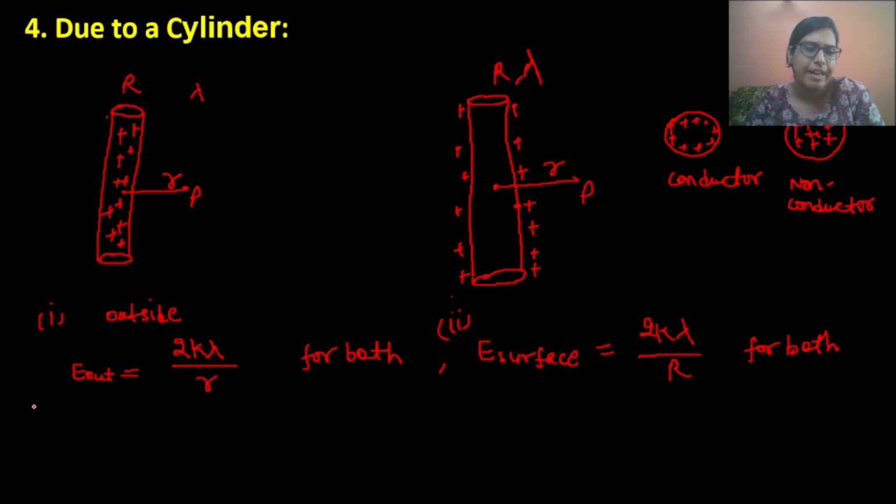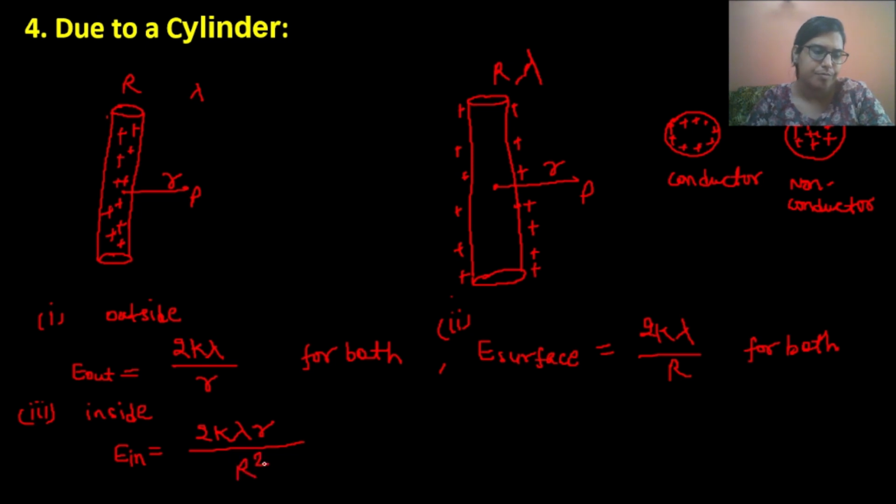Now the third. If point P lies inside the cylinder, so E inside will be k lambda r smaller upon R square.